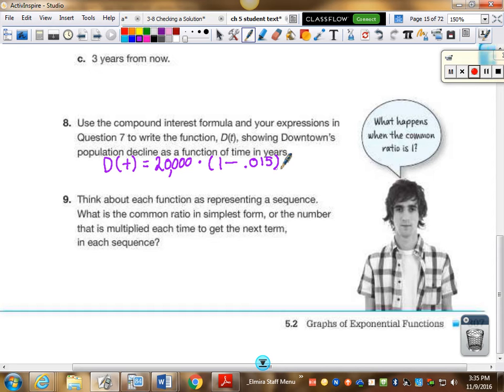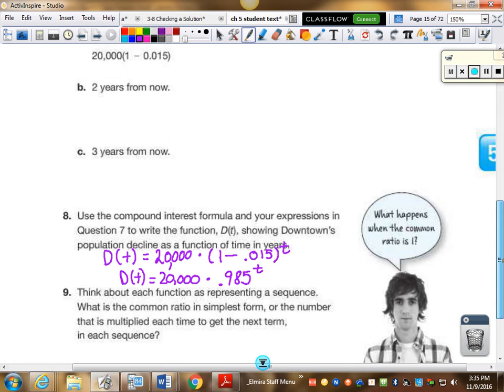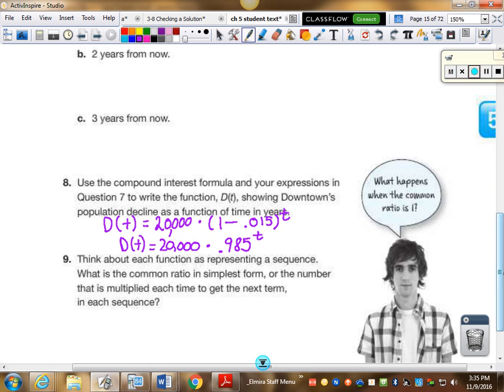0.015 to the t power. So d of t equals 20,000 times 0.985 to the t power. Okay, we just subtract it. So then we can scroll back up and talk about population 2 years from now.